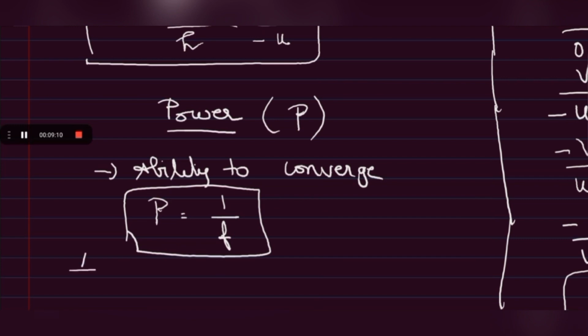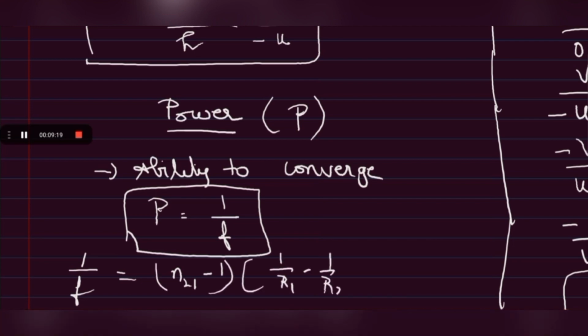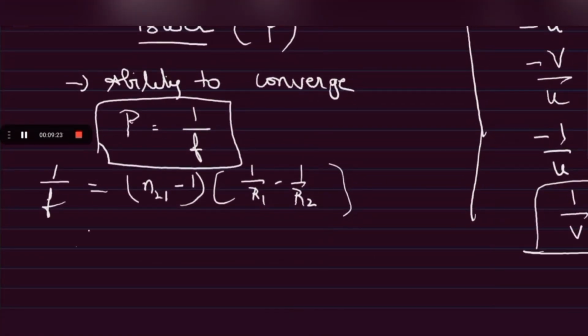This 1 by F can be obtained using the lens maker formula, (n21 minus 1) into (1 by R1 minus 1 by R2), or as per the thin lens formula, 1 by F is equal to 1 by V minus 1 by U.